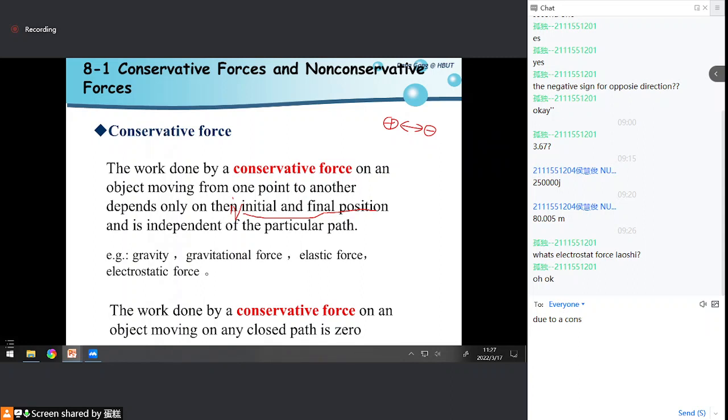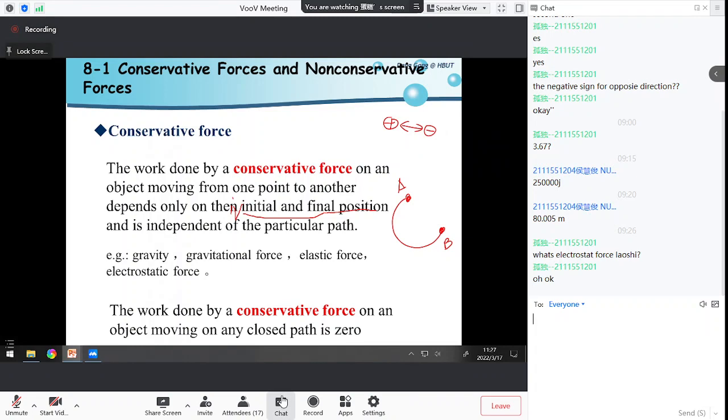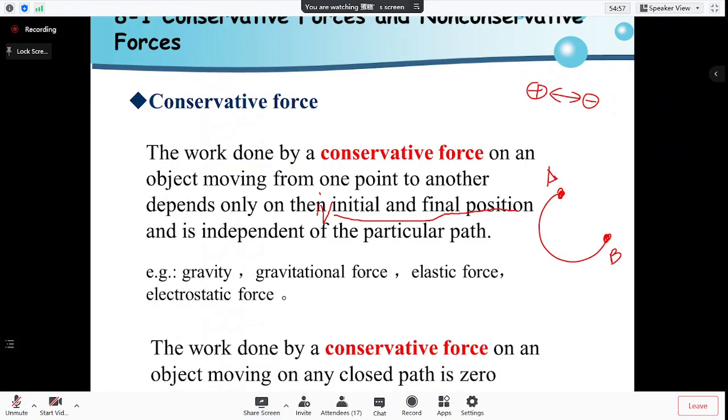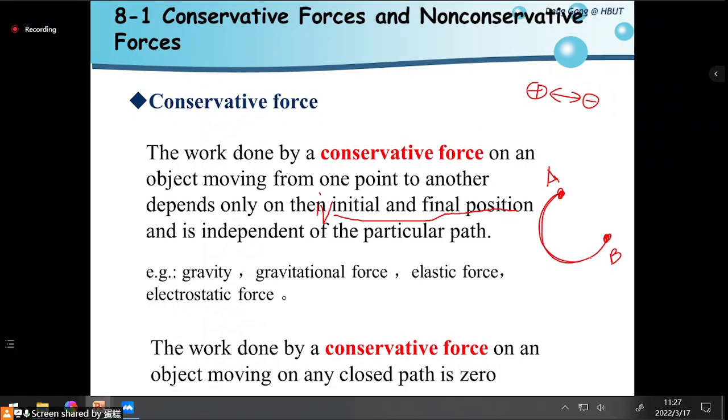The work done by a conservative force. For example, it starts from A, then goes to B. The work depends only on the positions of A and B, not on the path. So if it goes from A to B, then back to A, the initial and final positions are the same.